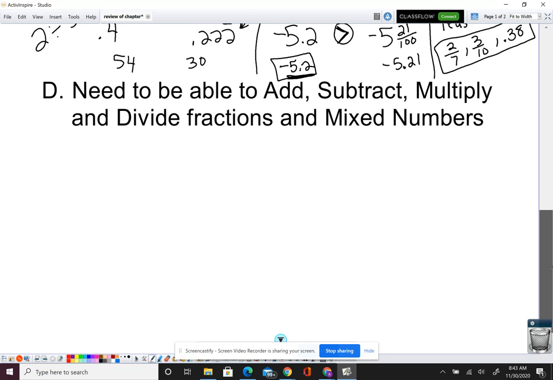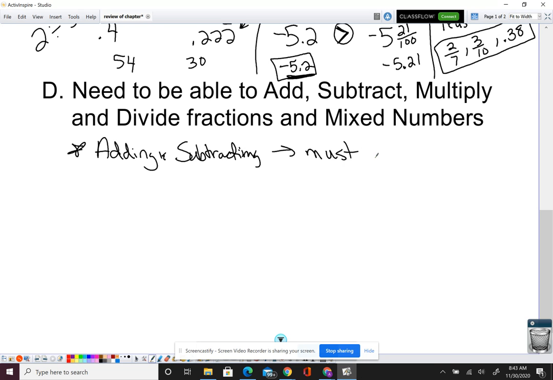Then the main part of the chapter is being able to add, subtract, multiply, and divide fractions and mixed numbers. With your calculator, this should not be an issue. Without your calculator, what you have to remember is that adding and subtracting, you must have the same denominator.